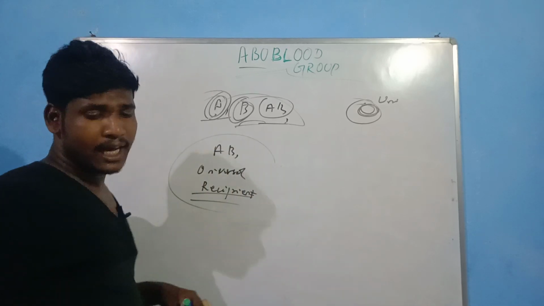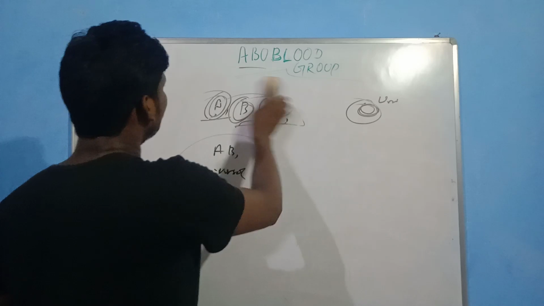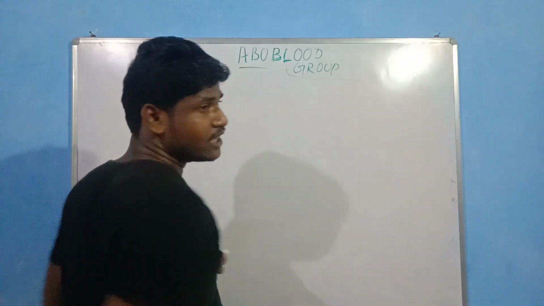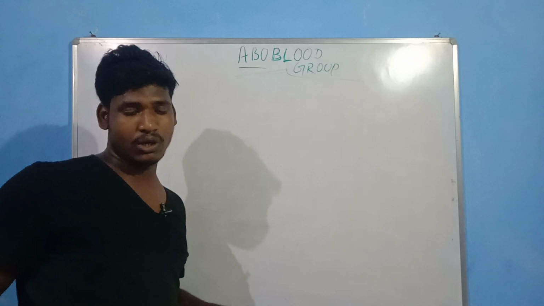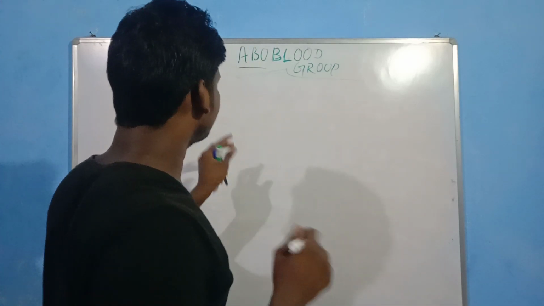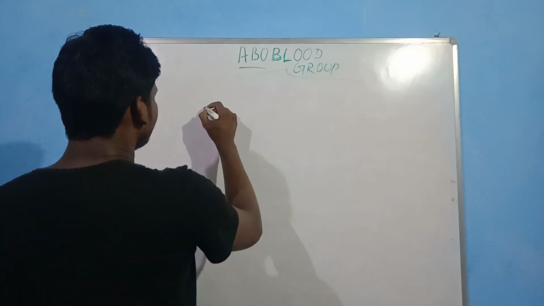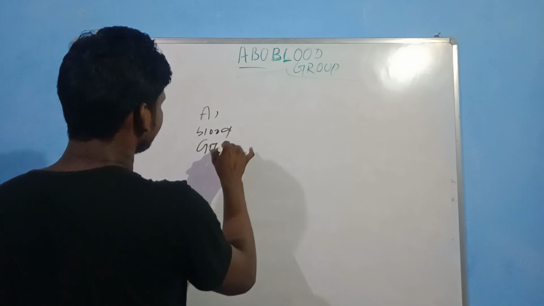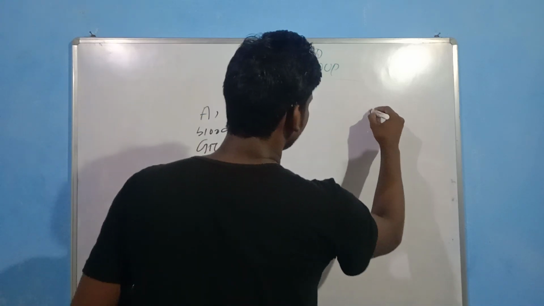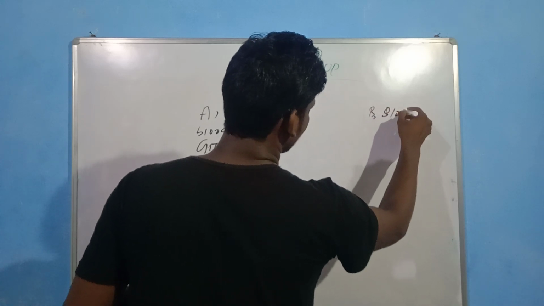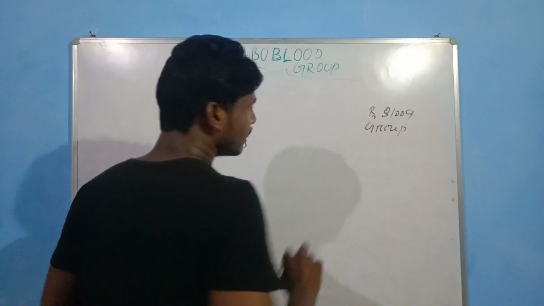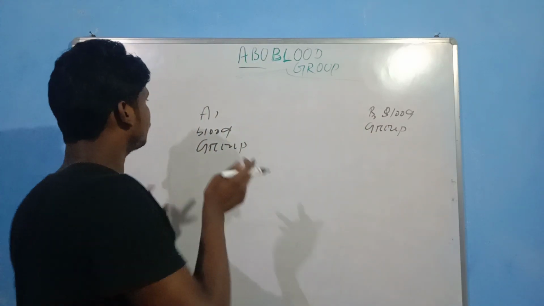But the question arises: why can an A blood group individual not receive from a B blood group individual? Okay, what happens in this case if it is the A blood group and this is the B blood group?